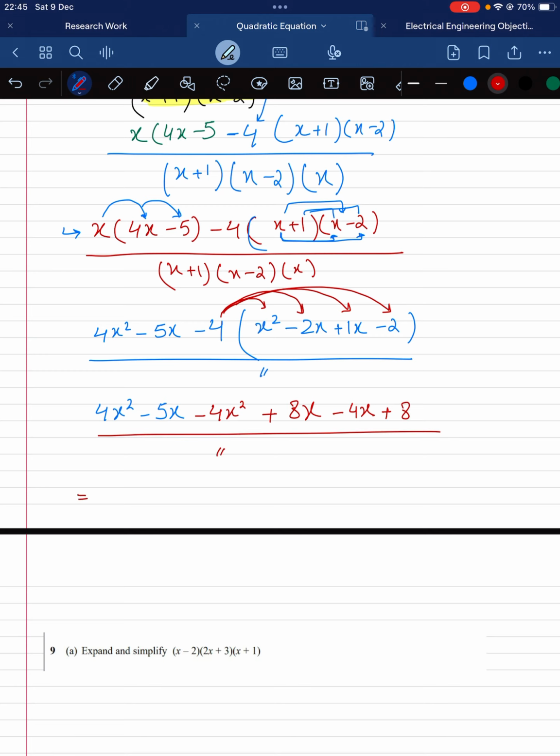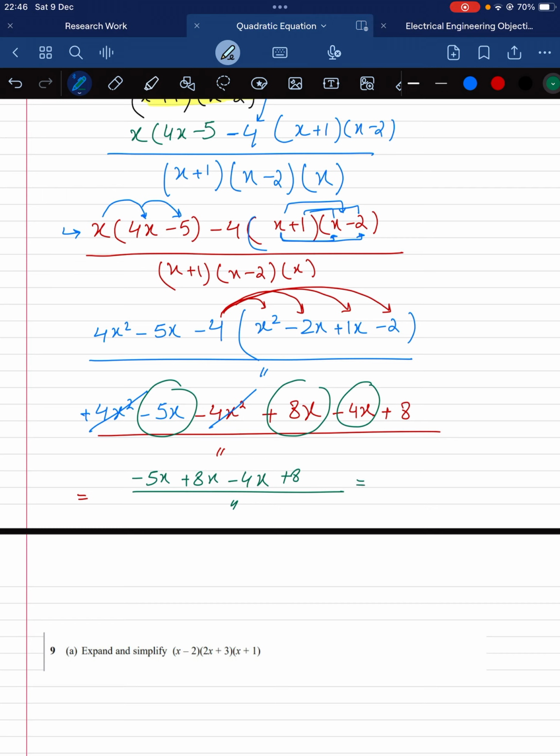Now we can write the final answer. You can see that this term is positive and this term is negative, so they will cancel out, and the remaining are minus 5x and plus 8x and minus 4x. So if we solve them, we will get minus 5x plus 8x minus 4x plus 8 over the same denominator.